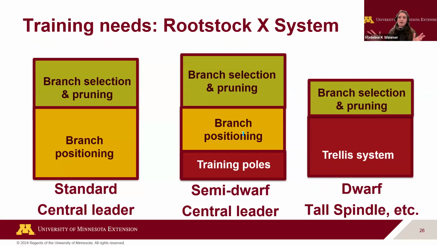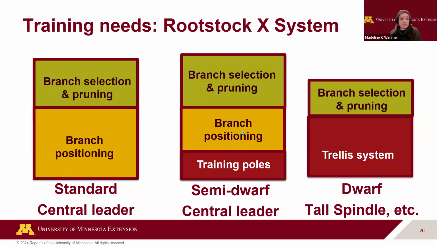So I present these 3 different infographics here showing the training requirements for a standard central leader, which may involve branch positioning, and will likely involve branch selection and pruning. The semi-dwarf central leader trees that are still freestanding, but perhaps have some sort of pole supporting them, where again, branch selection and pruning is going to be needed.